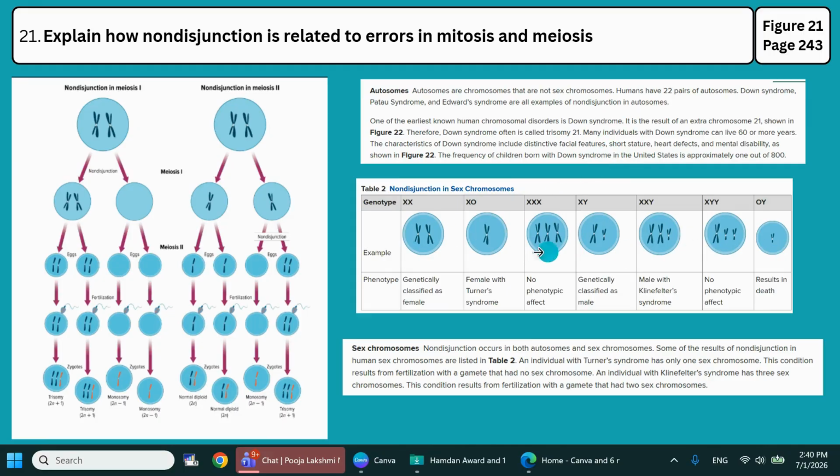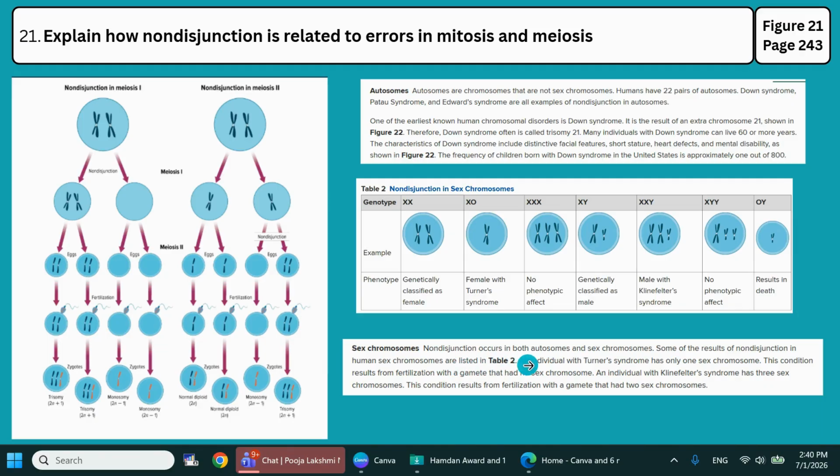So here this table is important. If you have XX, then it will be genetically classified as female. XO, that is only one X, it will be a female with Turner syndrome. If there are three X, no phenotypic effect. Like this, they are males because there is one Y. Male with Klinefelter syndrome, there are two X's, one Y. One X, two Ys, no phenotypic effect. Zero X, results in death.